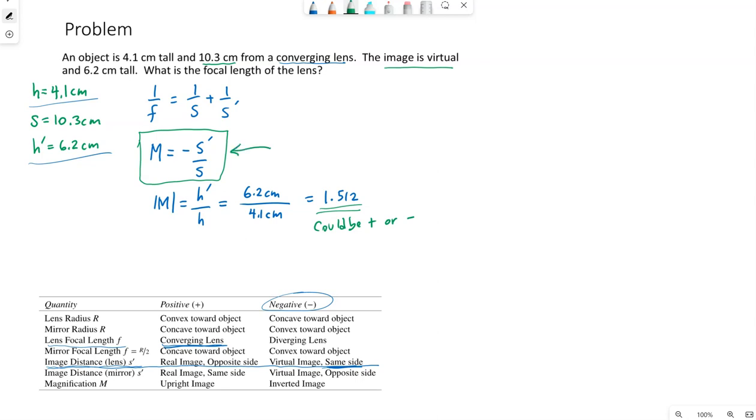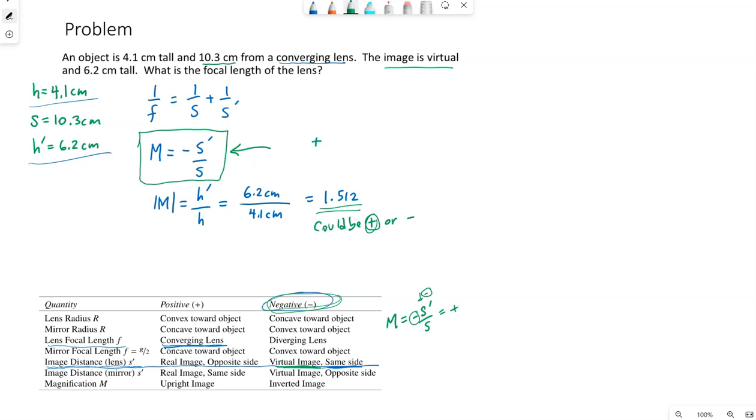Well, we can think that through based off of the fact our image is virtual, so S prime needs to be negative. When we have magnification, if S prime is negative, we come up with a positive answer because we have a negative in the equation and then we have a negative sign for the S prime. So this magnification will be positive.